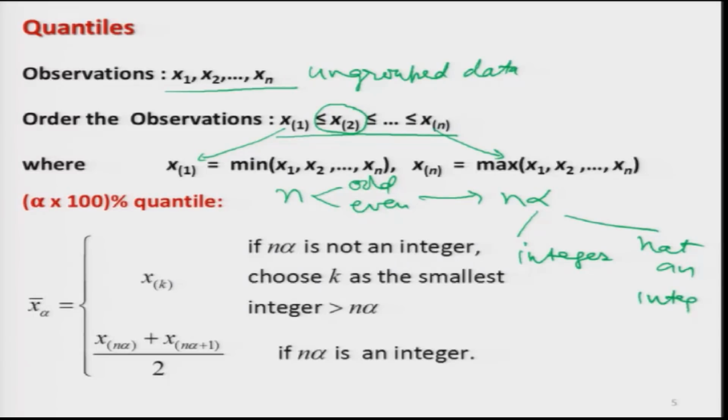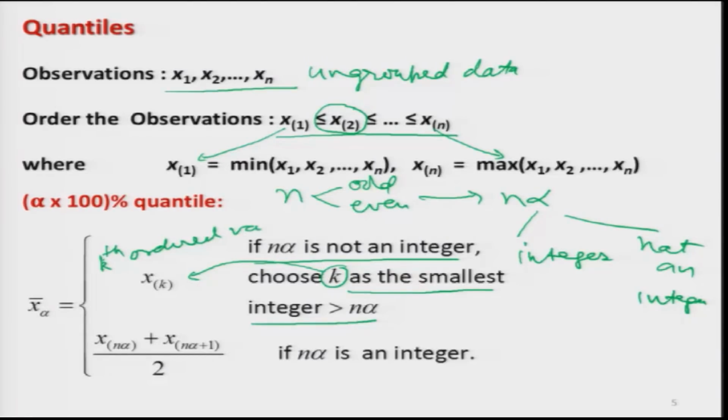If n alpha is not an integer, then I have to choose k, which is the smallest integer greater than n alpha, and then corresponding to this value of k, find the kth ordered value, and this kth ordered value is going to provide the alpha into 100% quantile.